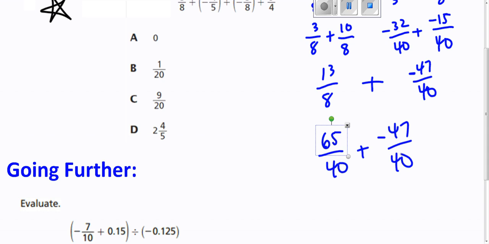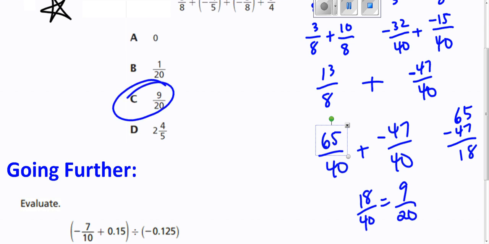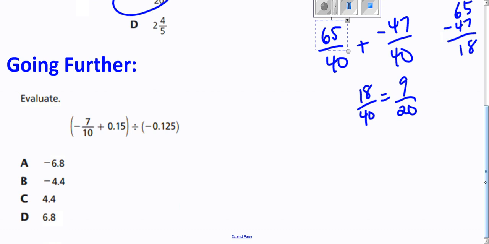Positive plus a negative, off to the side, do subtraction. 65 minus 47 is 18, but because 65 is larger than negative 47, the answer is 18 over 40. We can divide both those numbers by 2, 9 over 20.